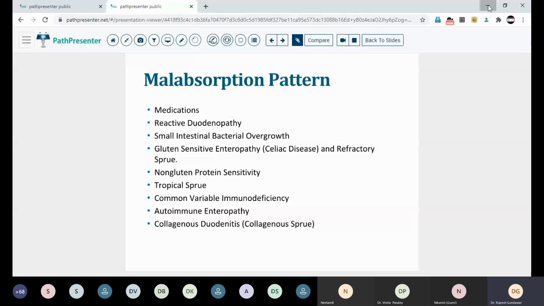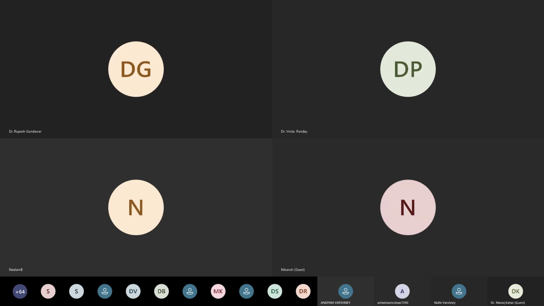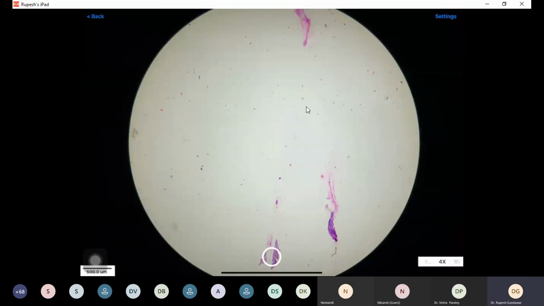One minute. Now, is it visible now? Yes, we can see.